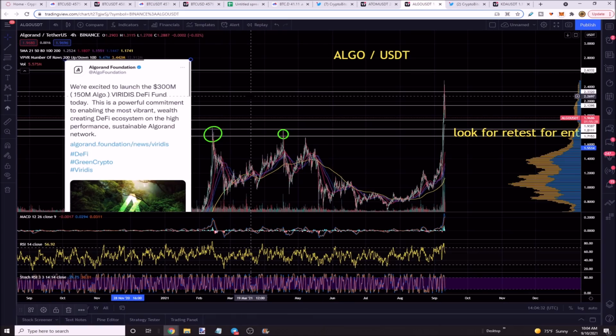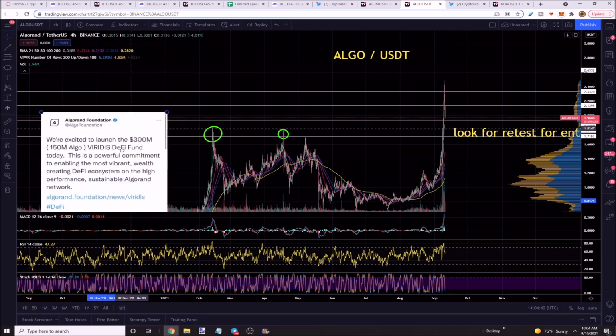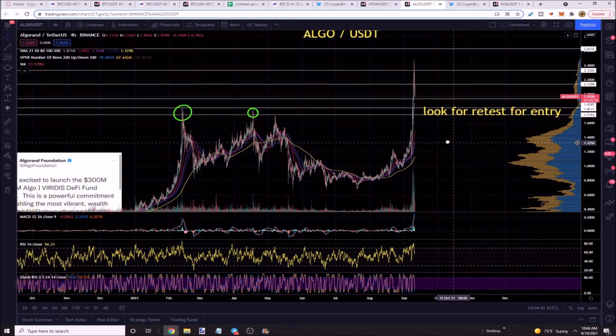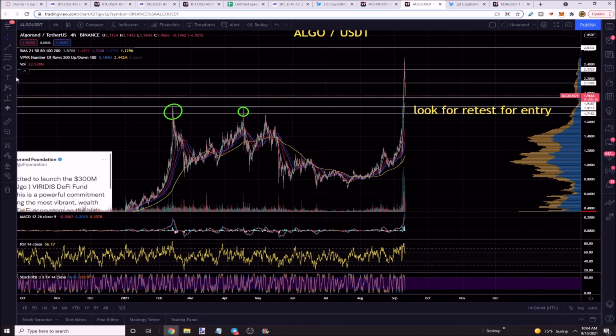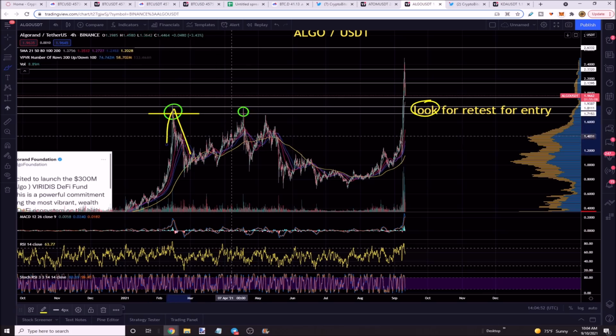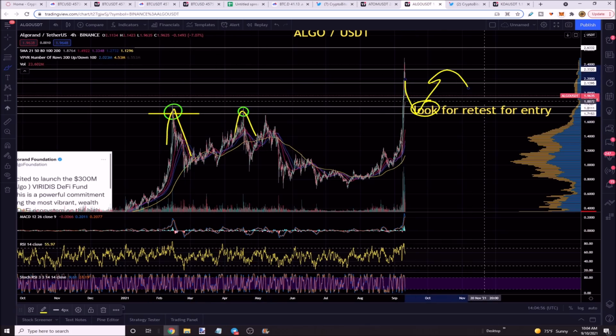ALGO has been banging, right? We had this breakout above $1.73 and it ran up to $2.40, and this thing was just a moon mission. Now, for entry, I'd like to see a retest, a pullback to this support level, right? Based on this high, this was the ceiling. Well, now we want this to be the floor and look for upside continuation.